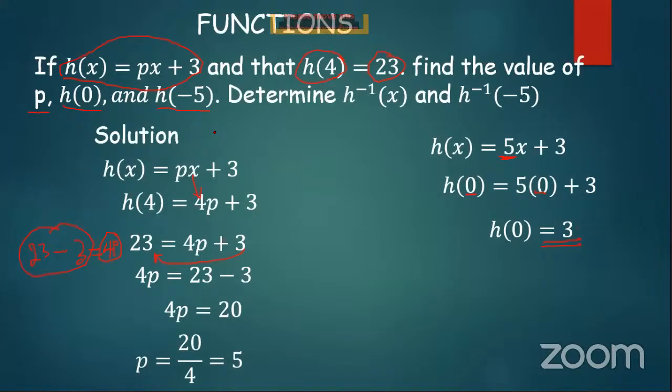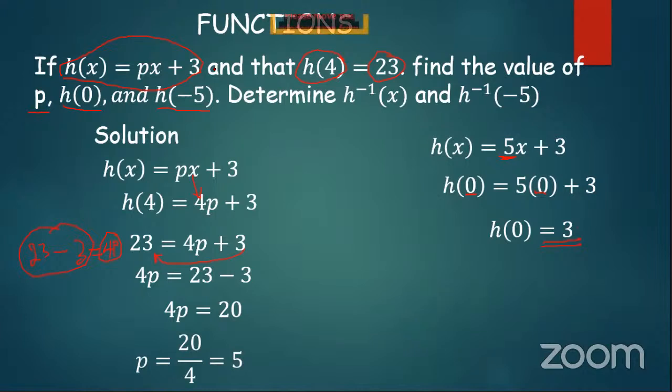So h of -5 equals 5 times -5 plus 3. 5 times negative 5 is negative 25. So h of negative 5 equals negative 25 plus 3, and therefore h of negative 5 equals negative 22. Thank you. Asimo, do you have a different answer?